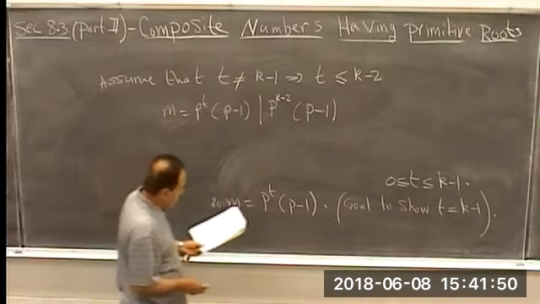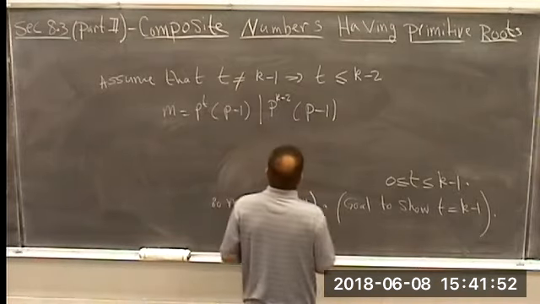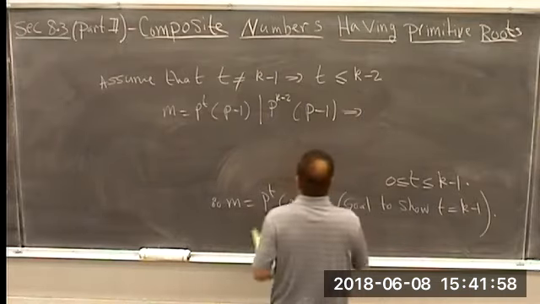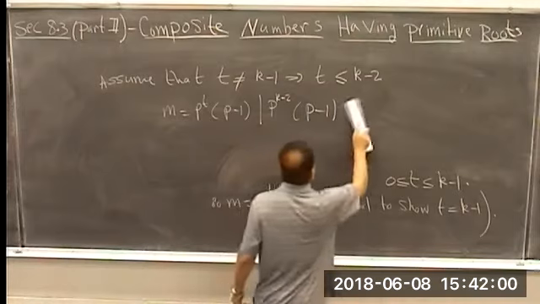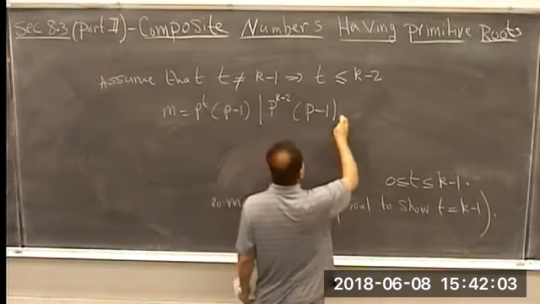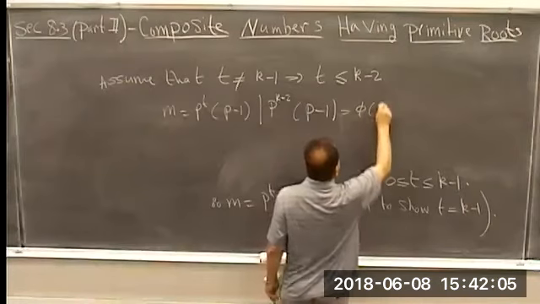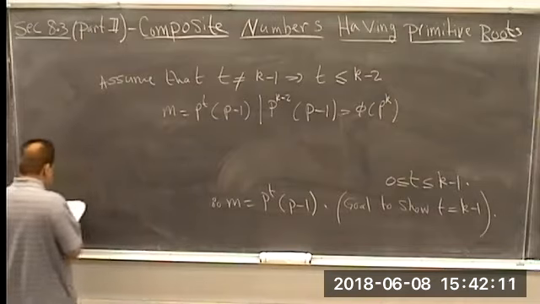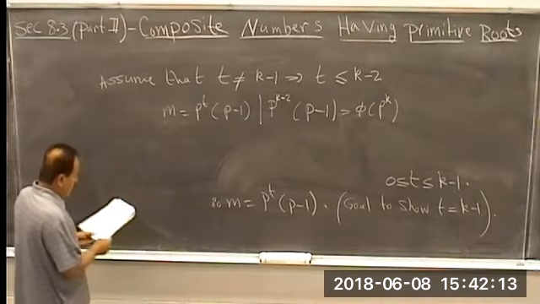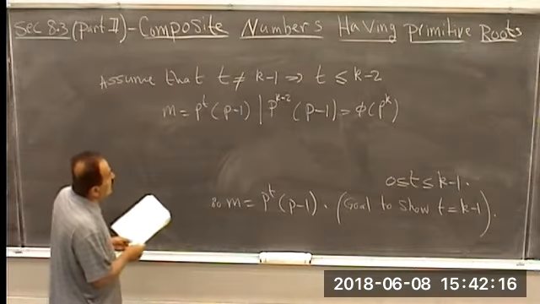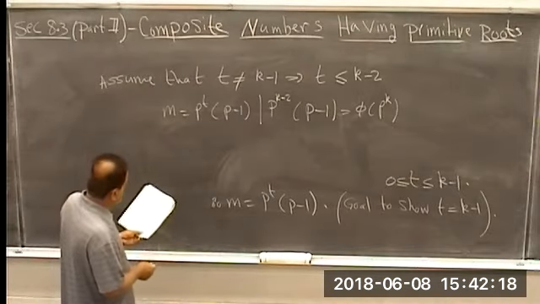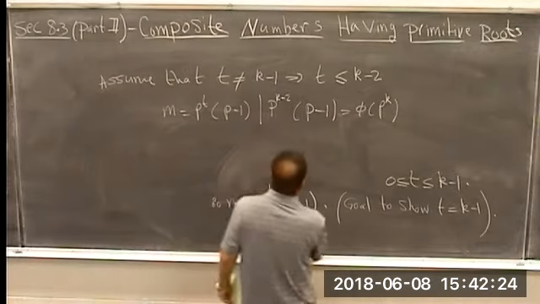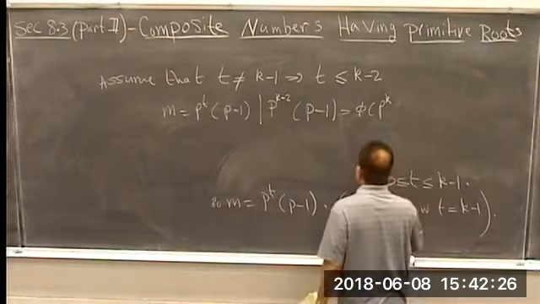And remember that this is phi of p to the k, and actually this is phi of p to the k minus 1.